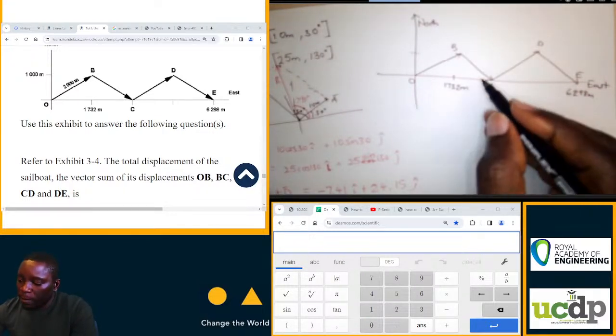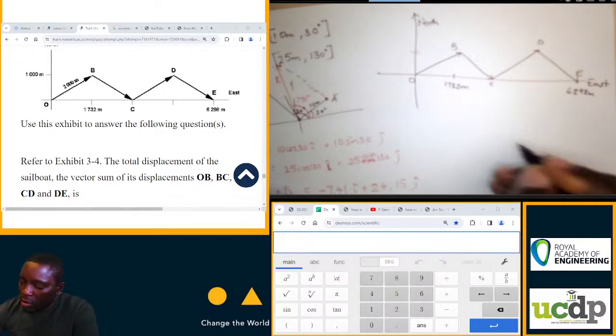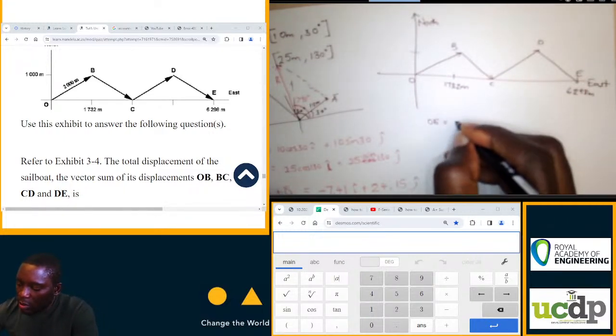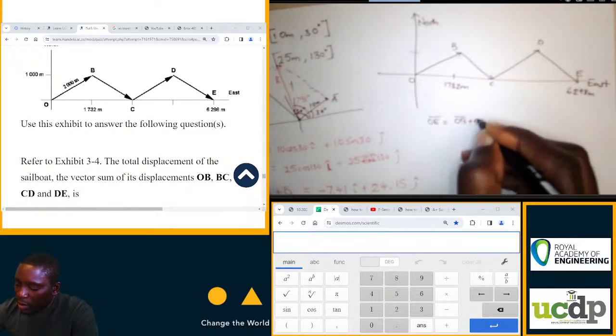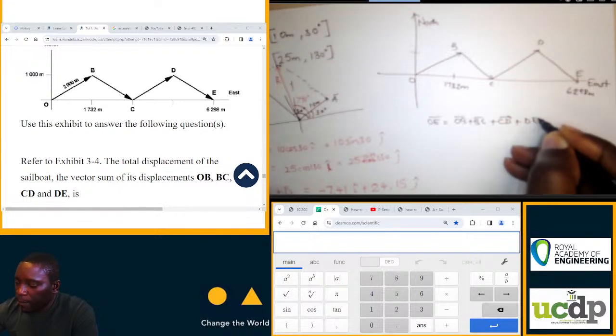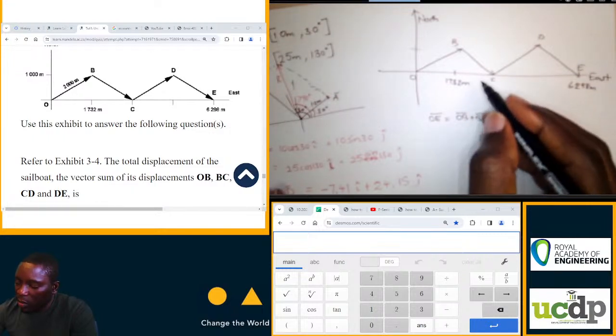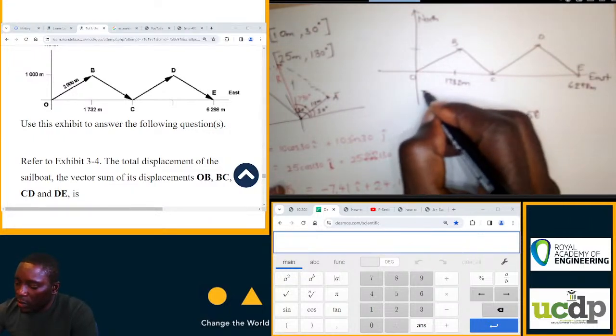So remember, O to B, B to C, or in other words, OE equals the vector sum of OB plus BC plus CD plus DE. But the vector sum for the displacement in this case, OB to BC, is simply that same distance.